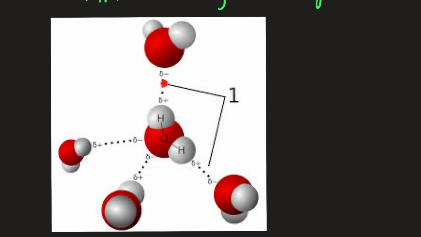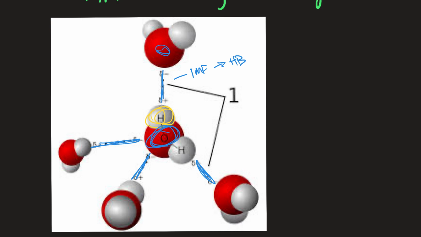This hydrogen is attracted to the oxygen over here, which makes this bond, or at least all these bonds that we see here, hydrogen bonding, because you have a hydrogen that is bonded to an oxygen that is attracted to an oxygen.